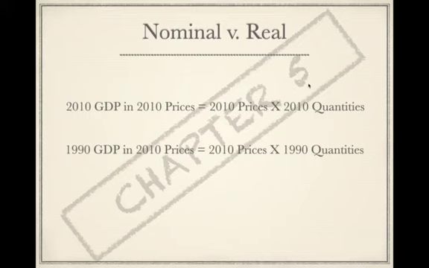And I think we understand that if we didn't do that with everything else, with kilometers or miles or pounds or inches, if we were comparing my weight in 2000 with my weight in 2020, we would either need to convert my 2000 weight into 2020 pounds and compare it with my 2020 weight in 2020 pounds, or we would need to convert my 2020 weight into 2000 pounds and then compare that with my 2000 weight in 2000 pounds.